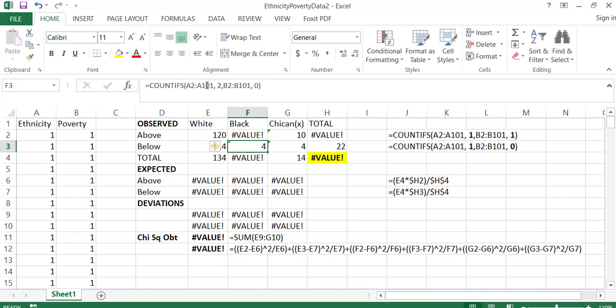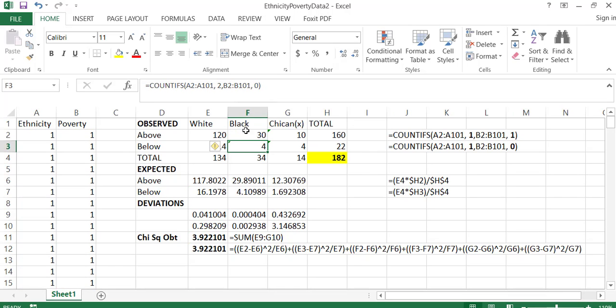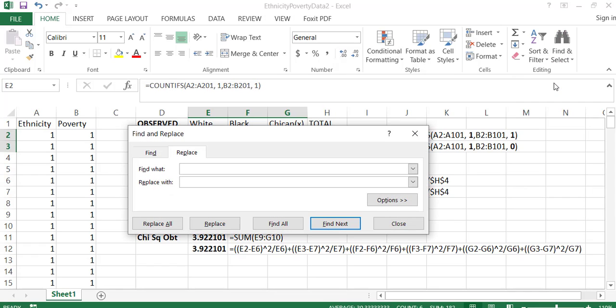And of course, you could do this faster by highlighting these cells and going into find and select and saying that I want to replace every place I see A101, I want to replace it with A201, replace all.